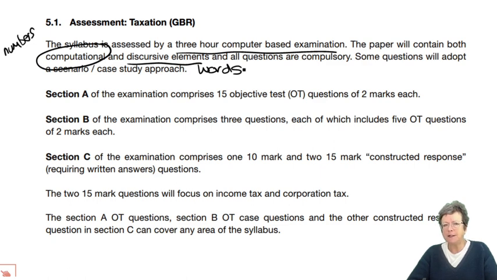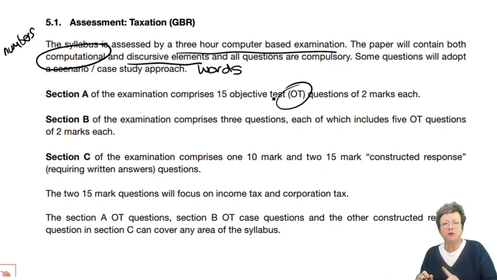We'll come back to this later as we go through the exam and obviously the course. 2 questions each, marked by an exam computer. So that's either right or it's wrong. Section B, 3 questions. So that's 3 different scenarios, and in each scenario, there are 5 questions. And they are objective test, multiple choice questions.